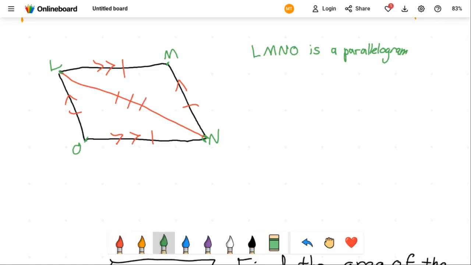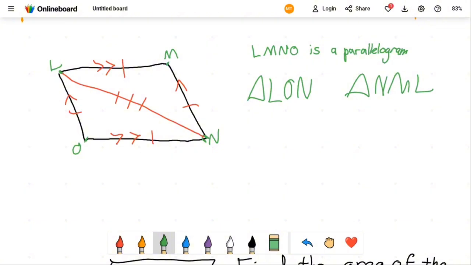We get triangle LON, and we get triangle NML. Sorry for my handwriting, it's pretty bad.